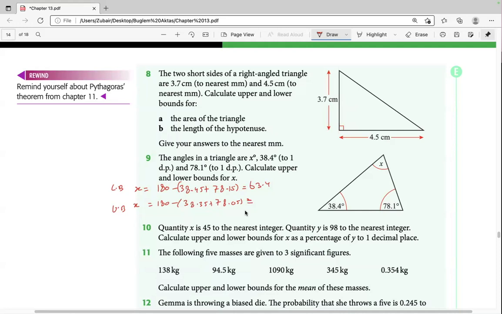And 180 minus 38.35 minus 78.05 is 63.6. Any confusion? No.